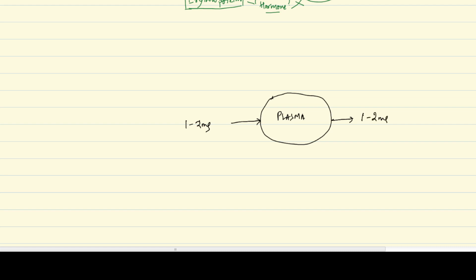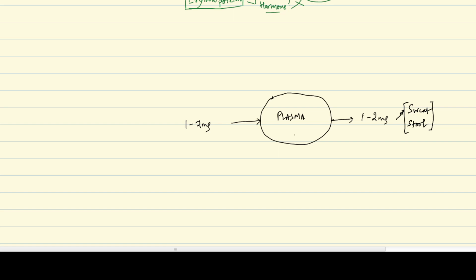Whatever comes in, roughly that same amount gets excreted. How? Through the sweat, through the stool, basically through these two media.